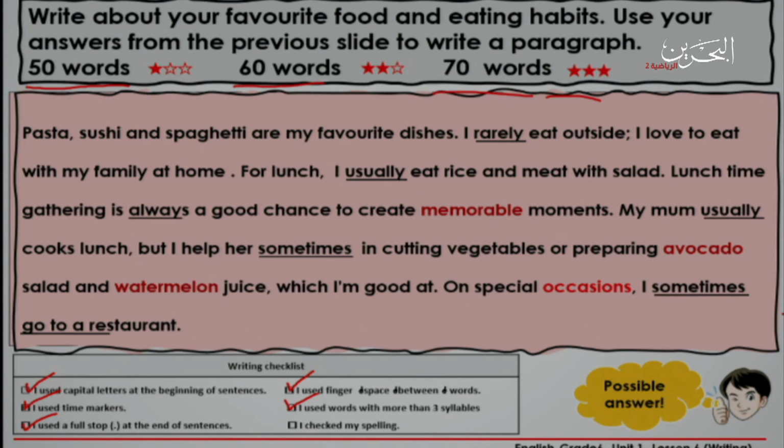Lunchtime gathering is always a good chance to create memorable moments. My mom usually cooks lunch, but I help her sometimes in cutting vegetables or preparing avocado salad and watermelon juice, which I'm good at. On special occasions, I sometimes go to a restaurant.